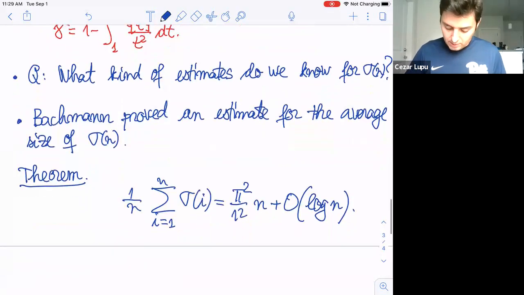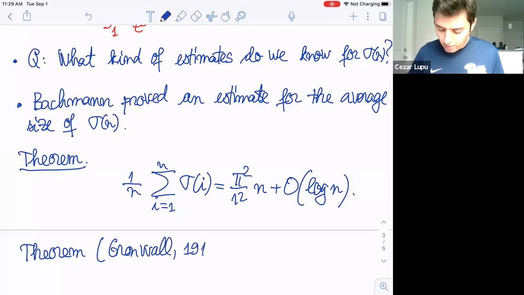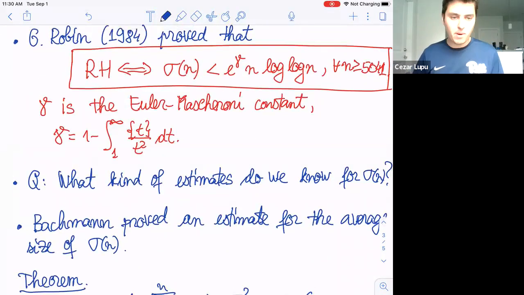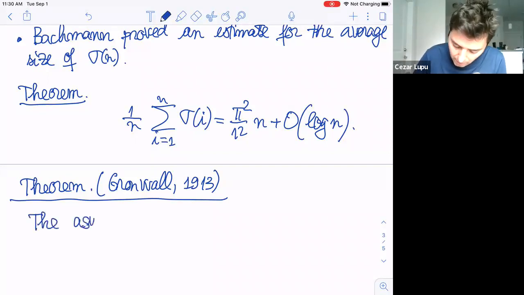Now in 1913, Grönwall came with another result, which is a little bit closer to the result of Robin. Grönwall was concerned about the asymptotic maximal size of sigma of n.